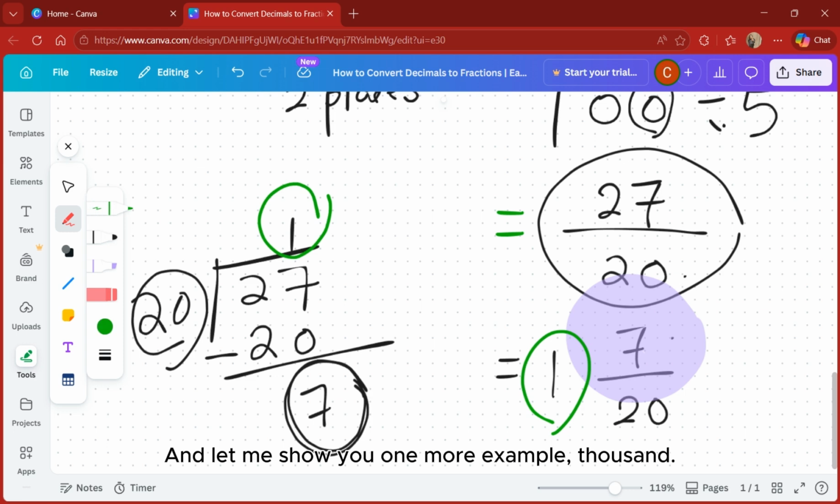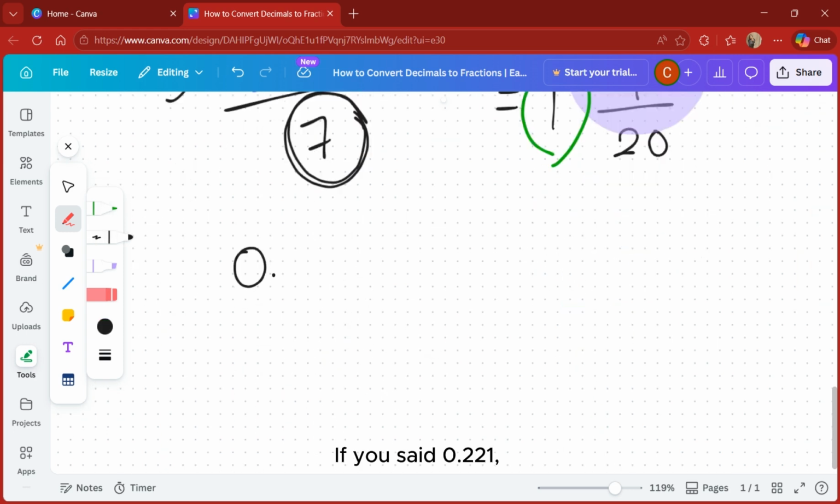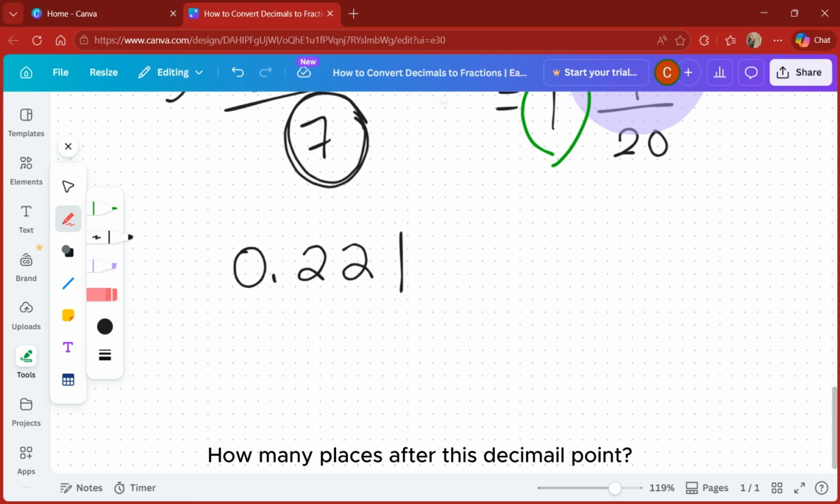And let me show you one more example, 1,000. So if you say 0.221, okay, we can do it again. If it's 0.221, how many places after the decimal point? 3 places.